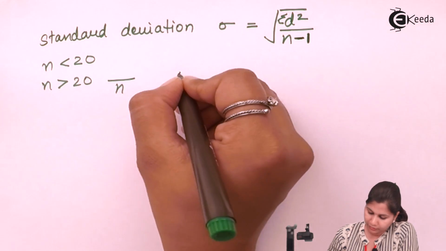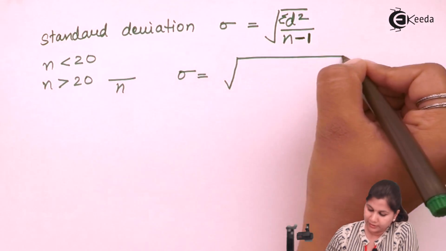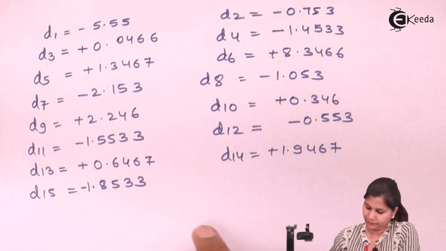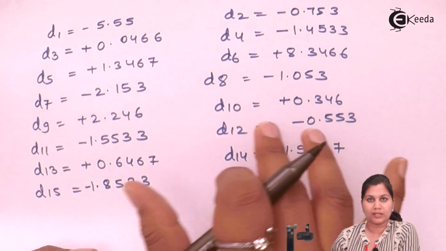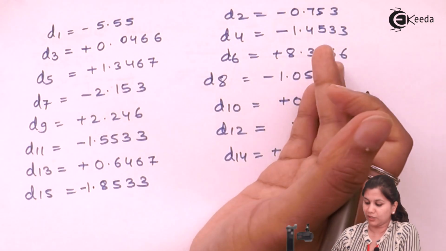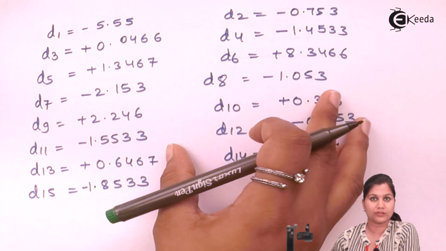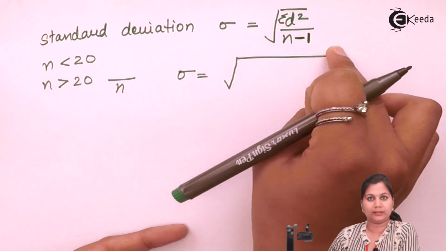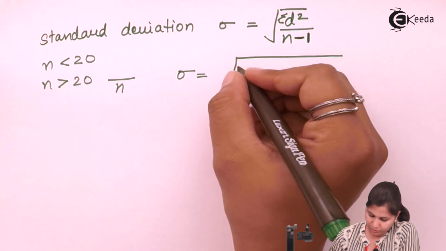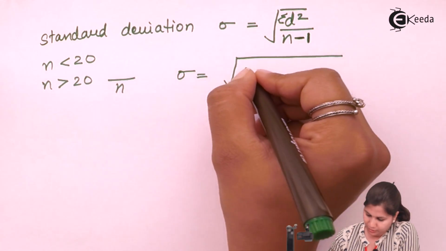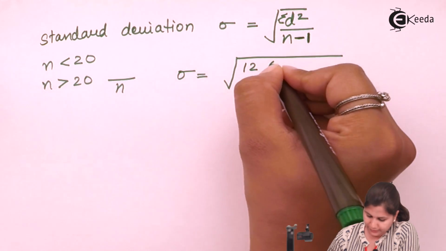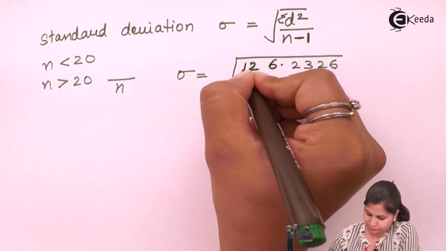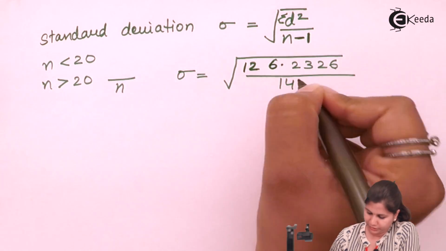So here we will take the square of all the deviations. The deviations are given to us. We take the sum of all the squares of the deviations and then divide it by 15 minus 1, that is 14. So here we will have the summation 126.2326 divided by 14.